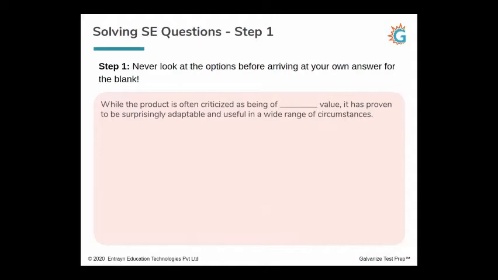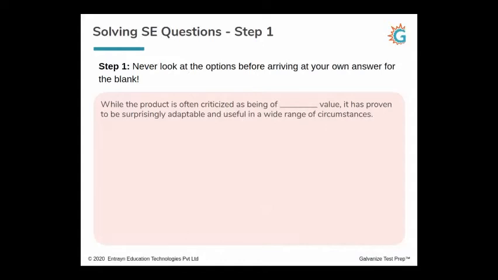So the first step in solving any discrete questions, which are basically text completion and sentence equivalence questions, not tied to any passage, they are individual questions, is: whenever you're solving any discrete question, do not look at the options. This is the first and foremost step. Follow this and then things will fall in place. All right, so first step, hide the options.